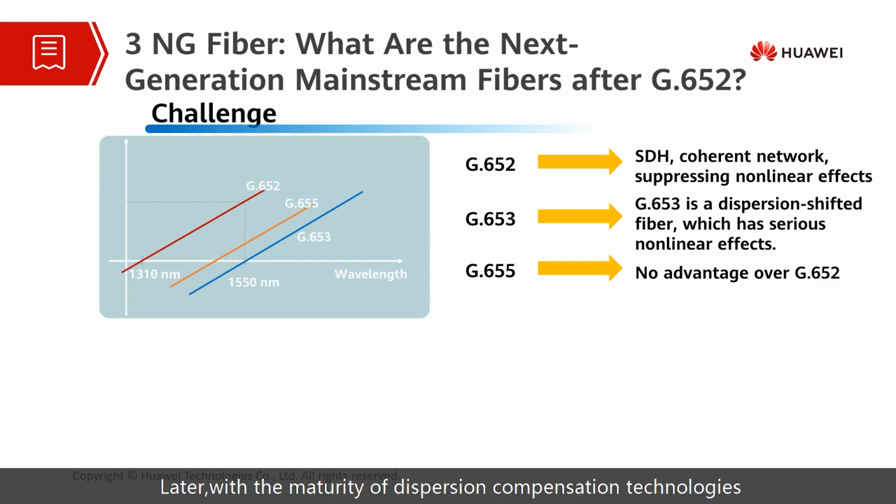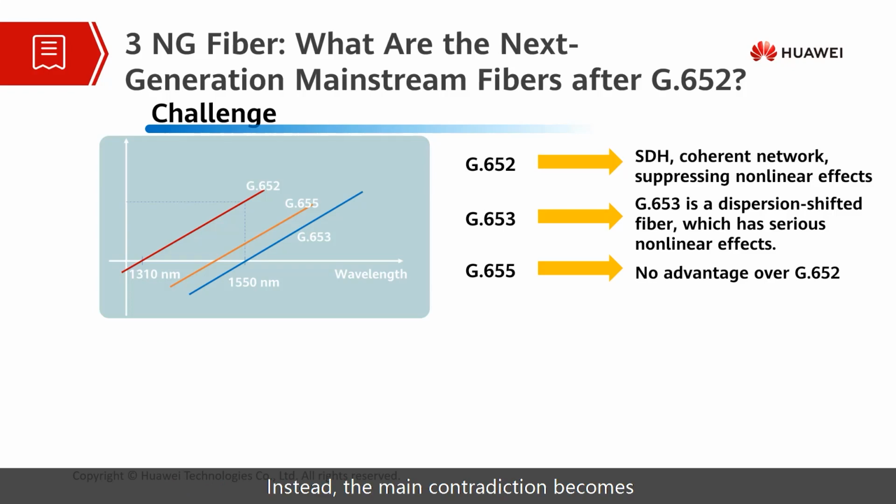Later, with the maturity of dispersion compensation technologies and the development of coherent optical communication technologies, coherent optical communication can provide large dispersion tolerance. The fiber dispersion is no longer a major factor. It is no longer the limitation for the system transmission distance.